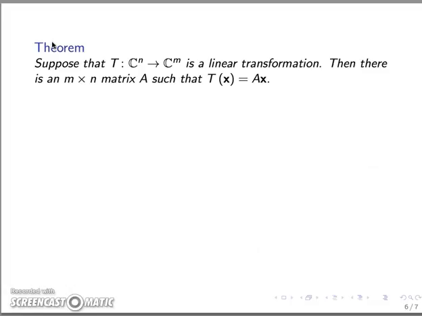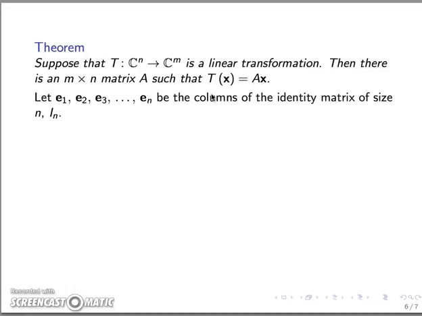Then there exists a rectangular matrix such that when we multiply that matrix by an arbitrary vector x, that product is exactly equal to evaluating the given transformation at that vector x.